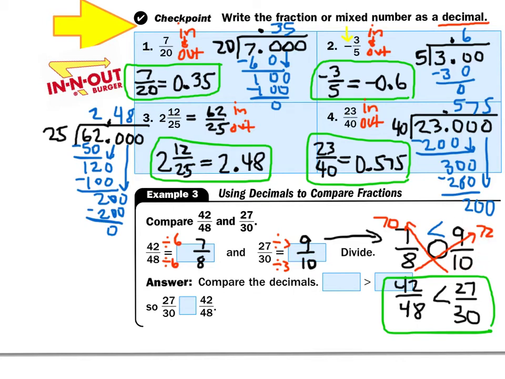And then remember, I would do the shoot to the moon or shoot to the stars, but I would start at the 8 and shoot across. 8 times 9 gave me 72, and then I would start at the 10 and shoot across. 10 times 7 gave me 70, and then I would just compare the 70 and the 72. Obviously 70 is smaller, so that means 7/8 is smaller. So if I go back to the original form, 42 over 48 is less than 27 over 30.